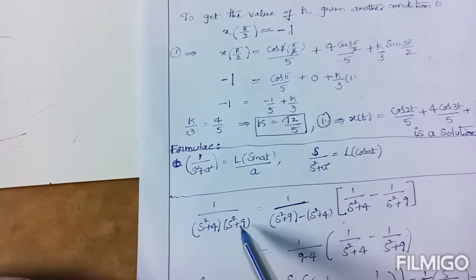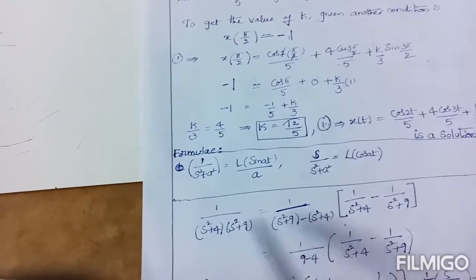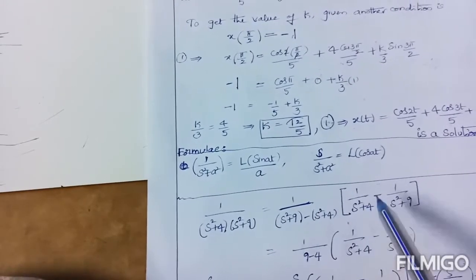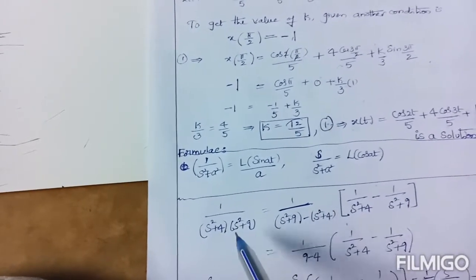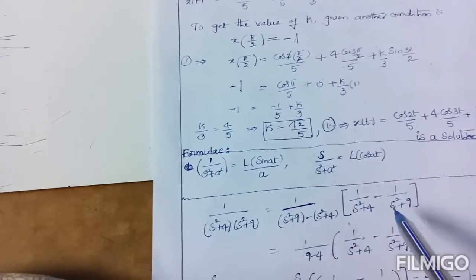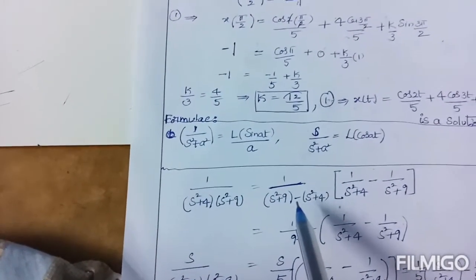Out of the 2, which one is the greater factor? s square plus 9. Greater factor minus smaller factor, into 1 by smaller fraction minus 1 by greater fraction. The smaller one is 1 by s square plus 4, minus 1 by the greater one, s square plus 9. This is the shortcut rule instead of finding partial fractions.